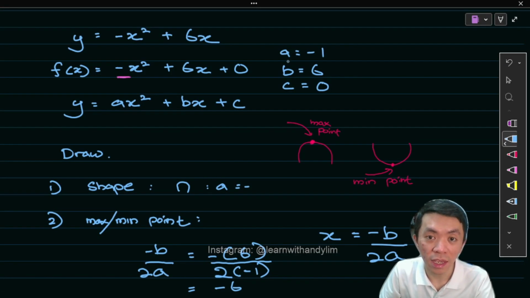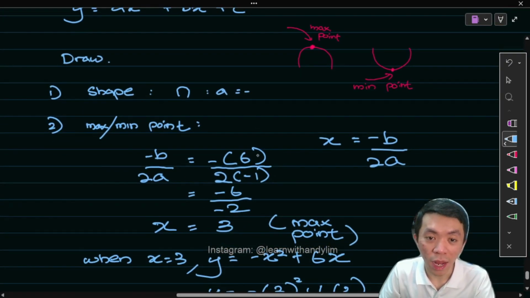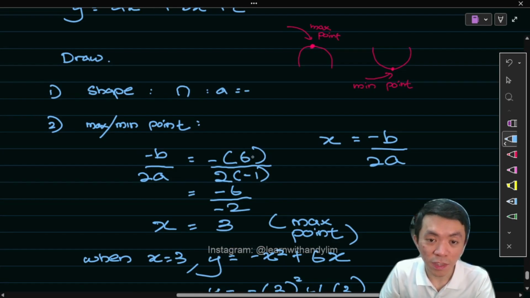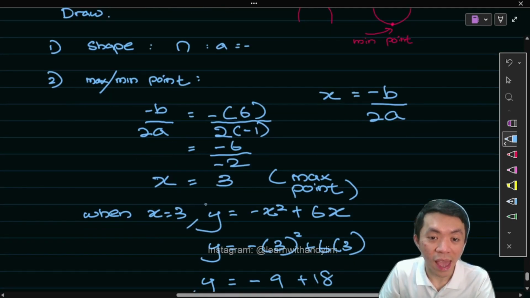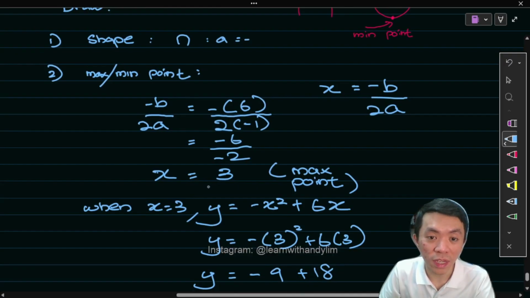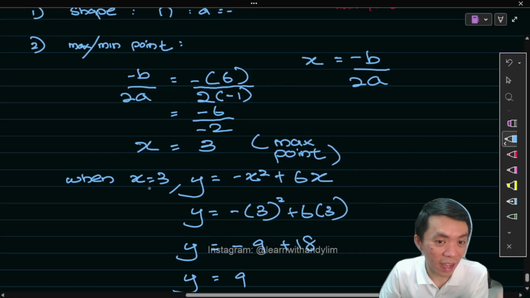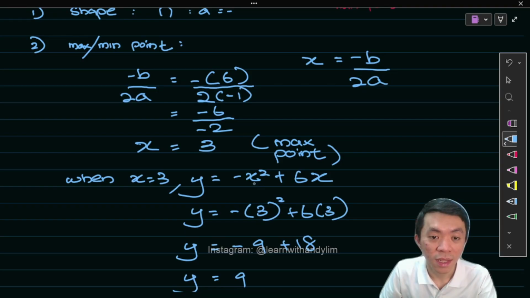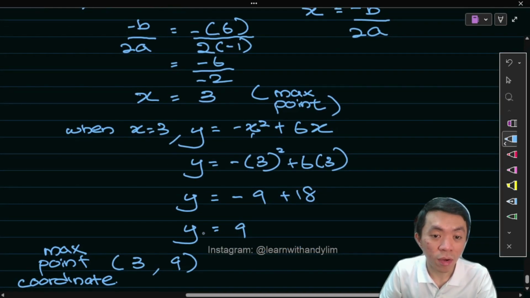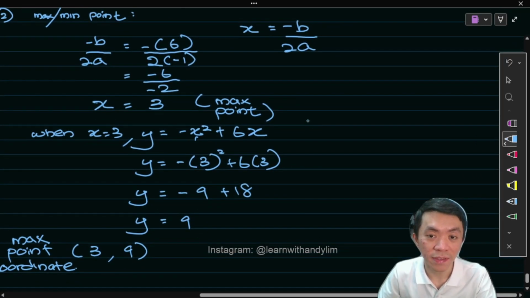I got my a right here. So what happened next is I substitute in, and then I get my x is equal to 3. That is my maximum point x coordinate. When I have my x equal to 3, I can use the x value, substitute it back into the original function. Now I have my y. Let me draw you guys something.